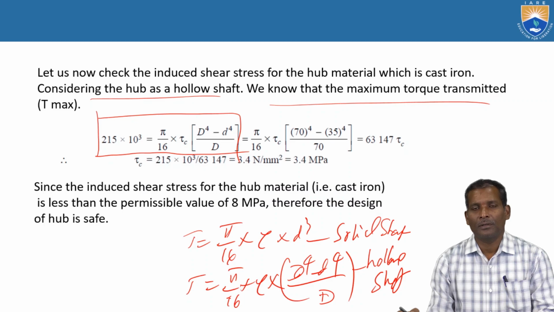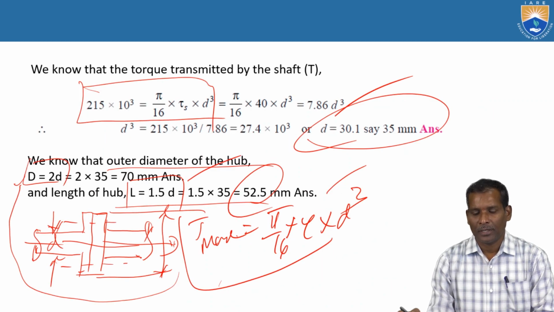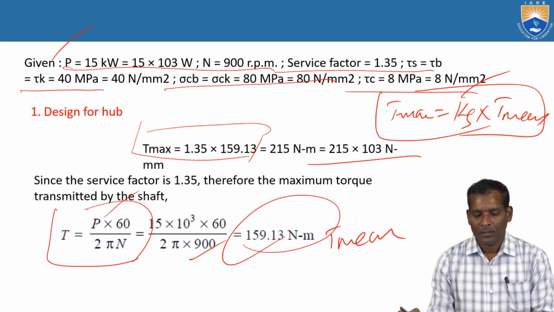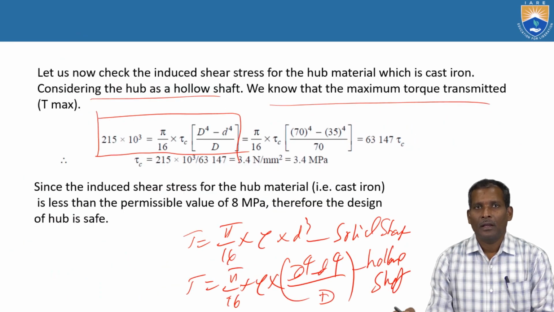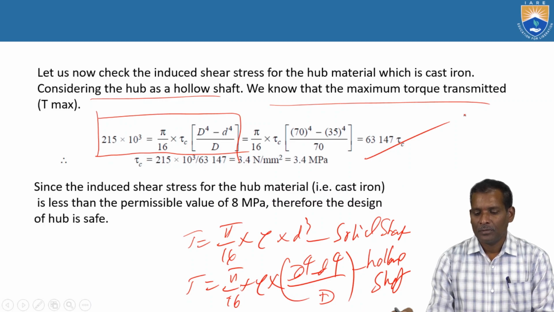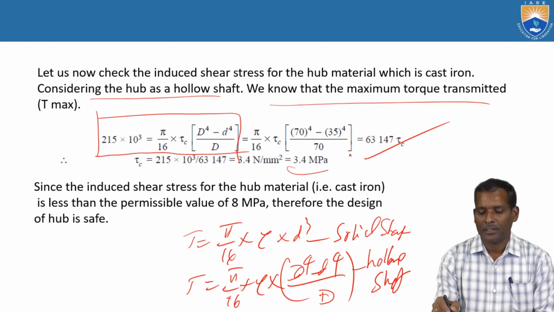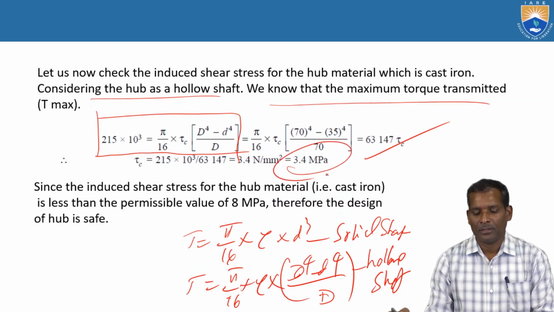So now substitute the calculated values. T max, 215 × 10³, obtained in the previous step, and then substitute the outer and inner diameters. The obtained value is 63.147, so the calculated shear stress is 3.4 megapascal.